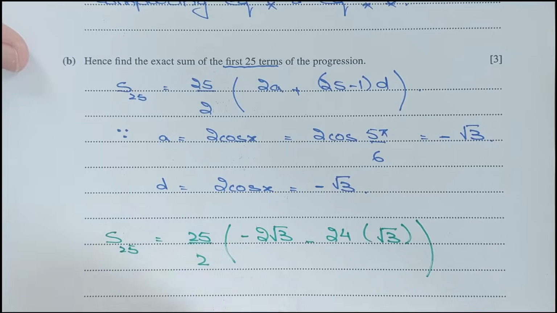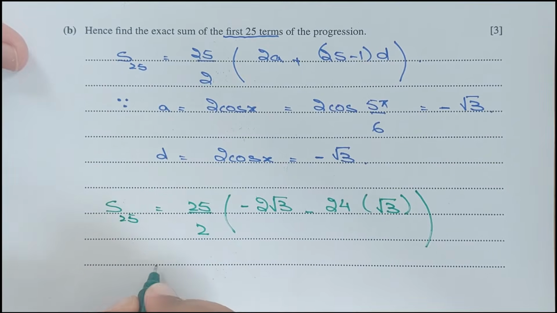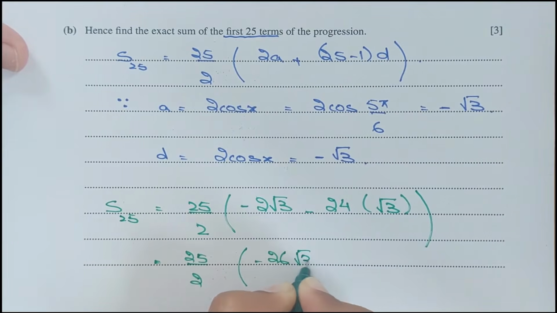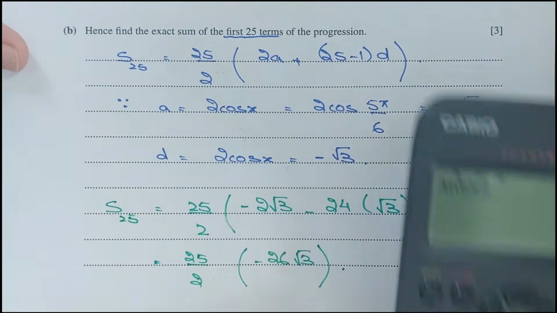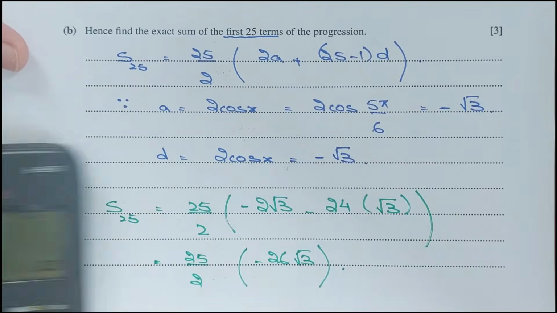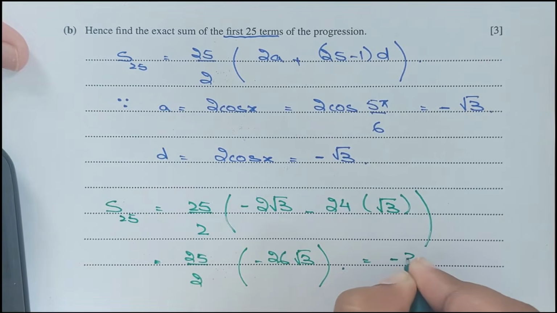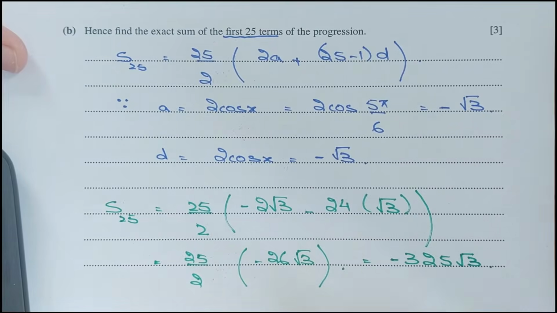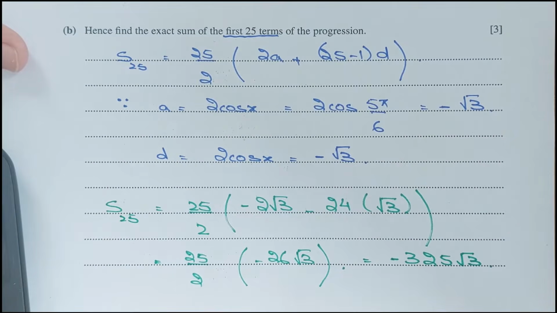Square root of 3, negative 2 negative 24 is 25 by 2 and negative 26 square root of 3. Okay, 25 times 26 divided by 2 is 325. So negative 325 square root of 3 is the exact sum of the first 25 terms of this progression.